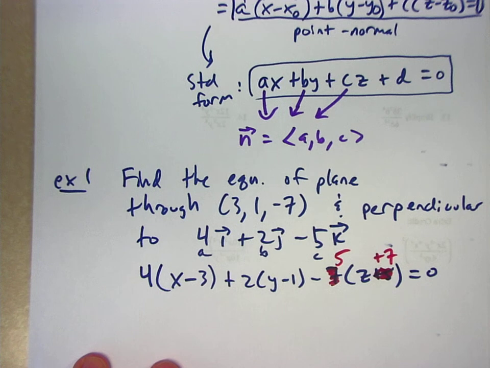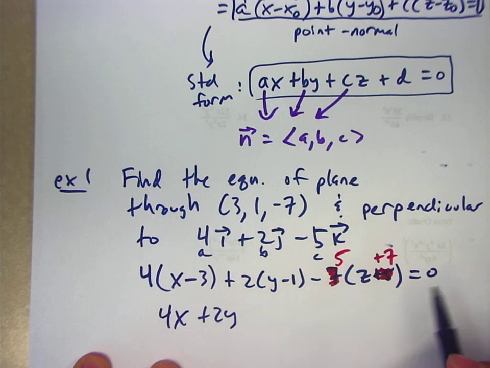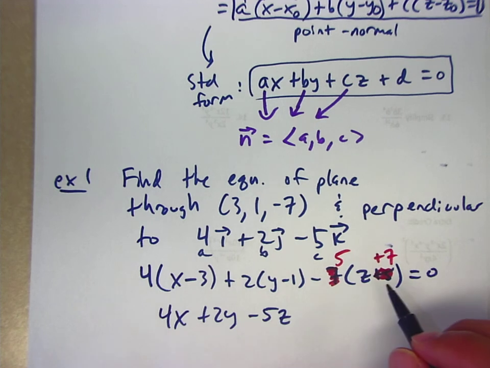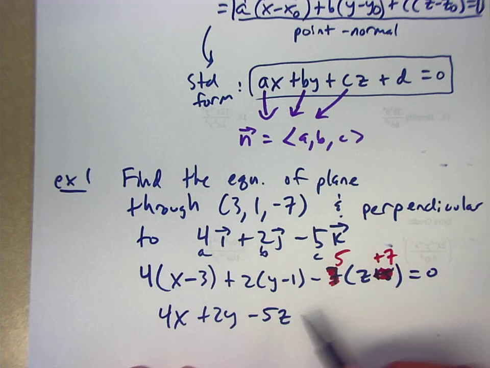In standard form, you are going to just distribute everything out. So you're going to get 4x plus 2y minus 5z. And then if you combine all your constants here, let's see, you got negative 12, negative 2, that's negative 14, and then, so that should be, let's write that out.